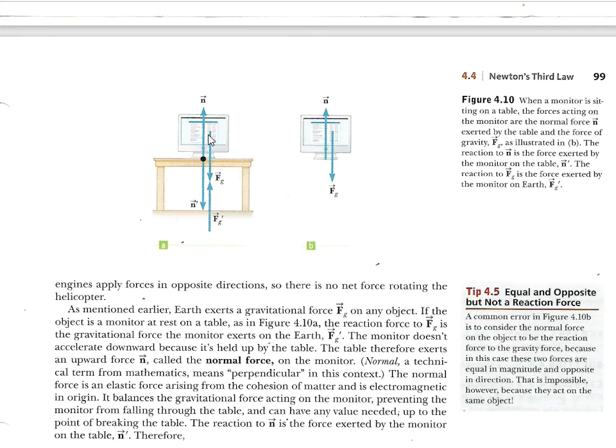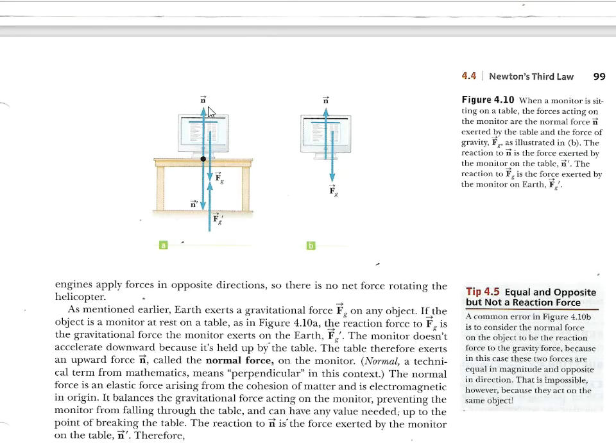The normal force and the force of gravity here is not an example of Newton's third law. It's two forces applied to the same object. It is possible for the normal force and the force of gravity to be different, and so the normal force here would be 0 because there's no table there, and the force of gravity would be pulling the monitor down.